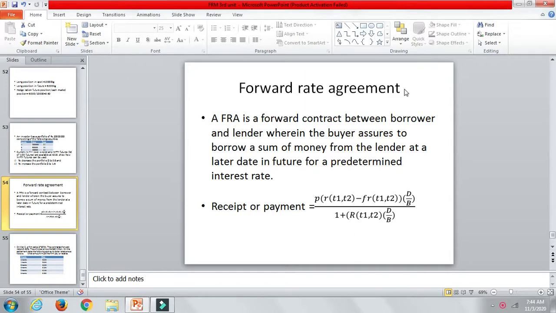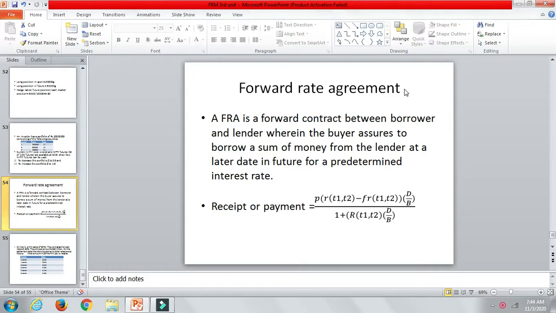A forward rate agreement is a forward contract between a borrower and the lender, wherein the buyer assures to borrow a sum of money from the lender at a later date in the future for a predetermined interest rate. So basically, a borrower will be there, right?